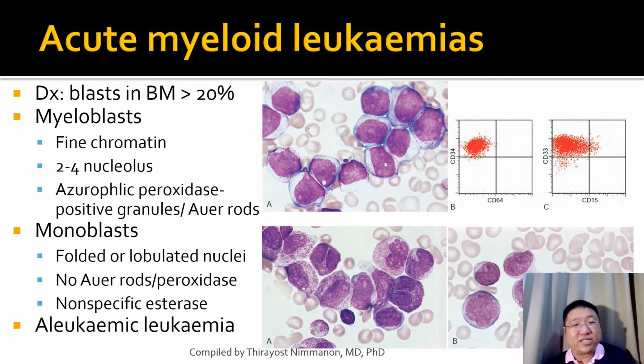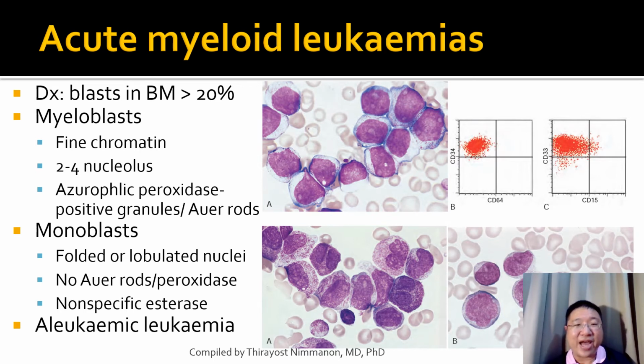So diagnosis of AML requires the detection of blasts within the bone marrow, more than 20% of cellularity, of myelocellularity, and myeloblasts need to be distinguished from lymphoblasts.